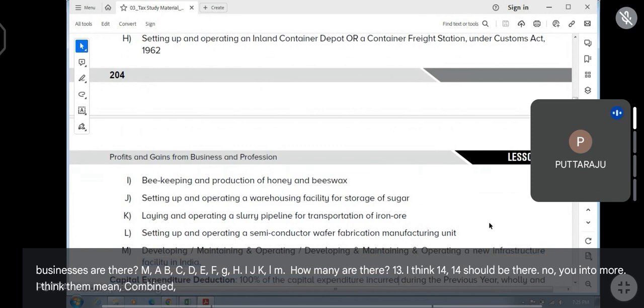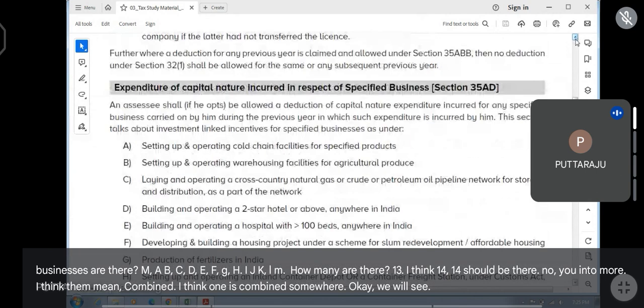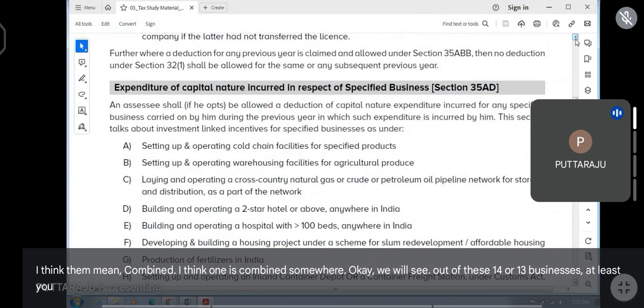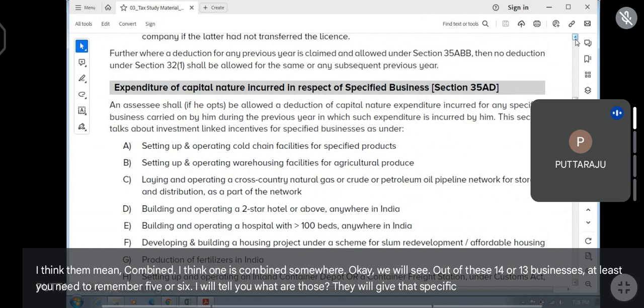I think one is combined somewhere. Okay, we will see. Out of these 14 or 13 businesses, at least you need to remember 5 or 6. I will tell you what those are. They will give that specific heading.